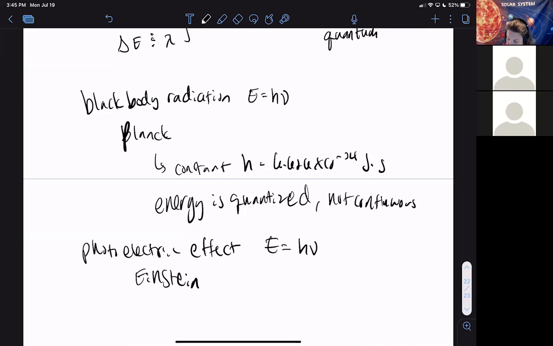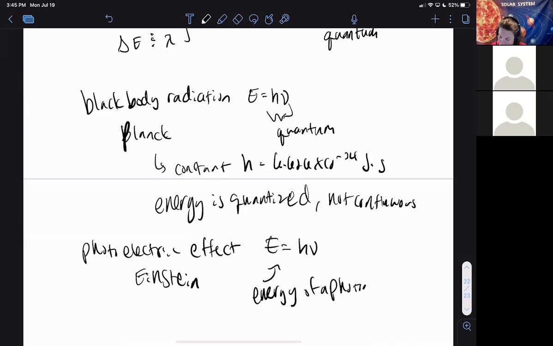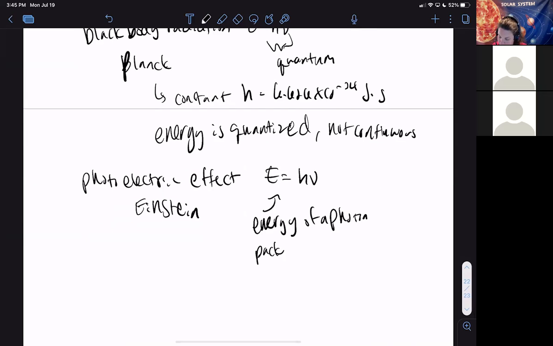So with Planck, he talked about this being a quanta or quantum. And then Einstein said that this was the energy of a photon, where a photon is a packet of energy. So he gave it kind of physical meaning as opposed to just energy. So this led to the idea that radiant energy is quantized.